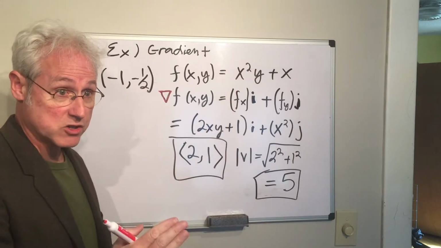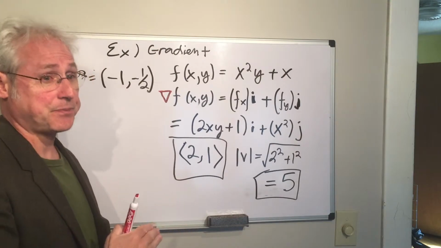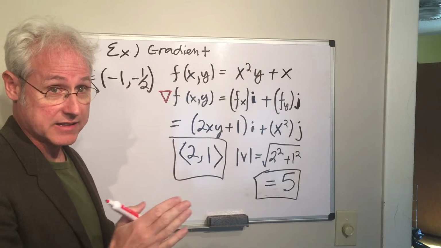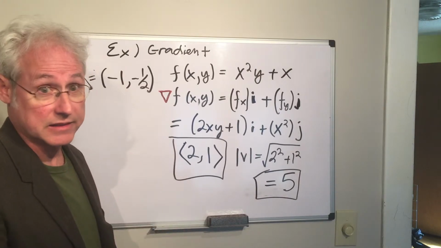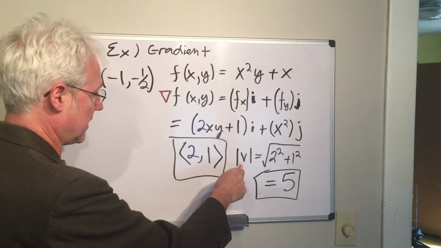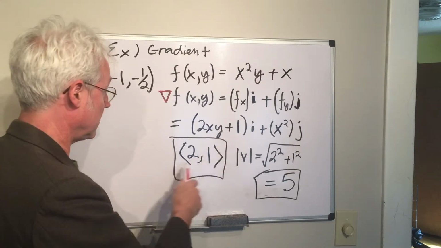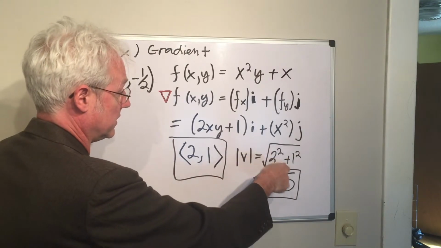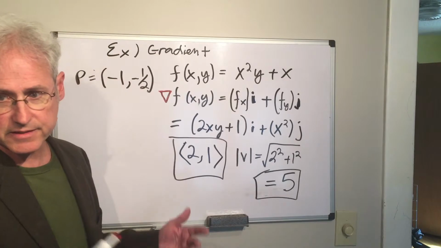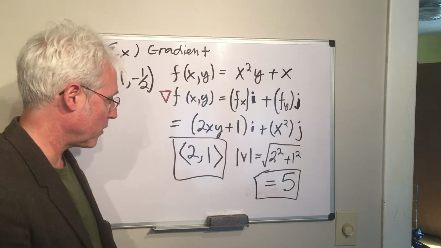That is where your function changes the fastest, where you get the most z for your dx and your dy, if you want to talk like Leibniz about it. But that's how that works. And if we take the magnitude of our vector, we get 5, which is actually the slope of the function at that point.